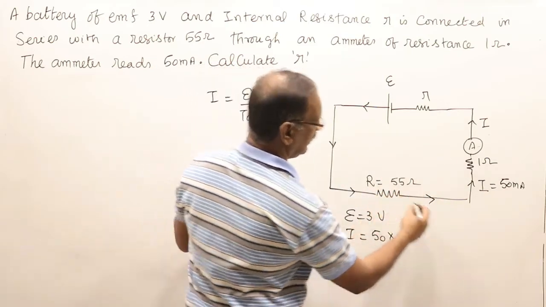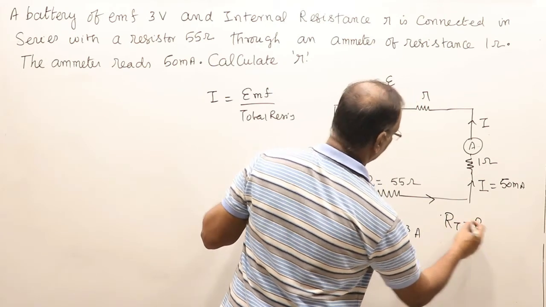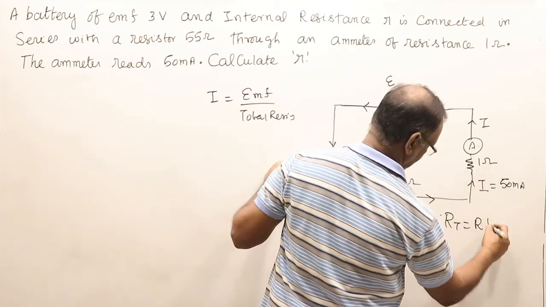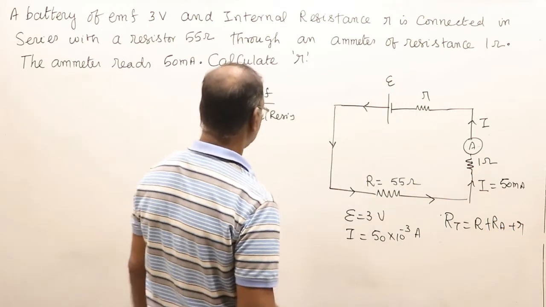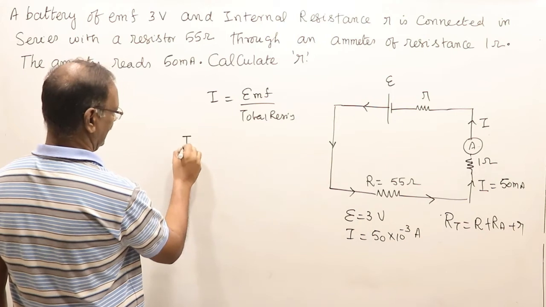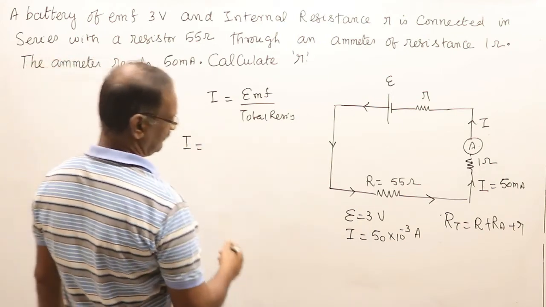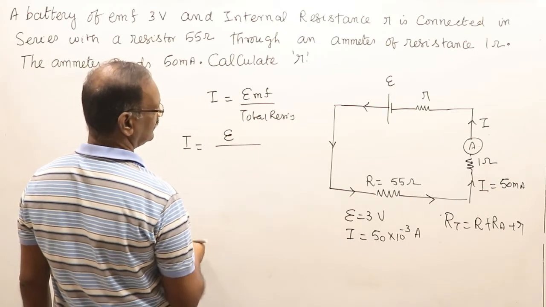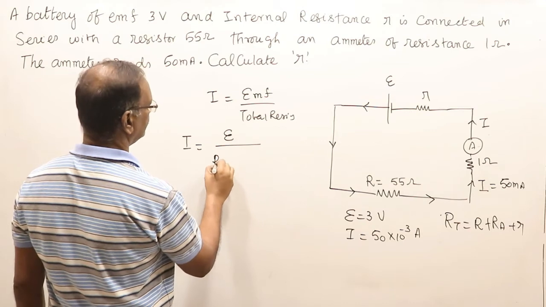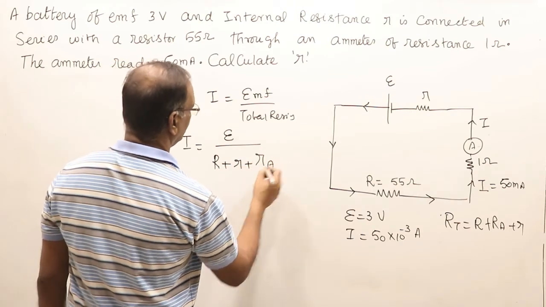It means R total is equal to R plus the resistance of the ammeter plus the internal resistance. So I is equal to EMF divided by total resistance, that is external resistance plus internal resistance plus resistance of ammeter. The EMF is given as 3 volt.